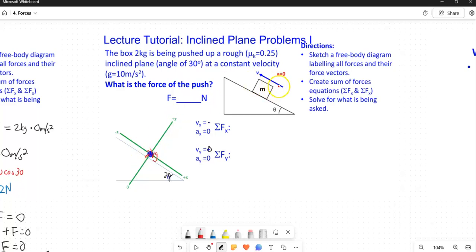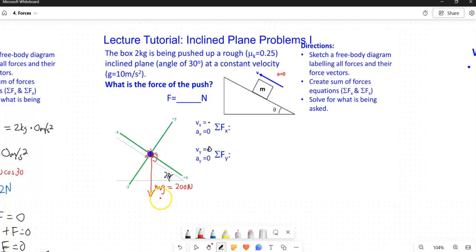And again, it's being pushed up the plane of motion with some force F at a constant velocity. Now, in this case, our mg vector is going to be pointing straight down, again, towards the bottom of the page. And we know that is 200 newtons of force.